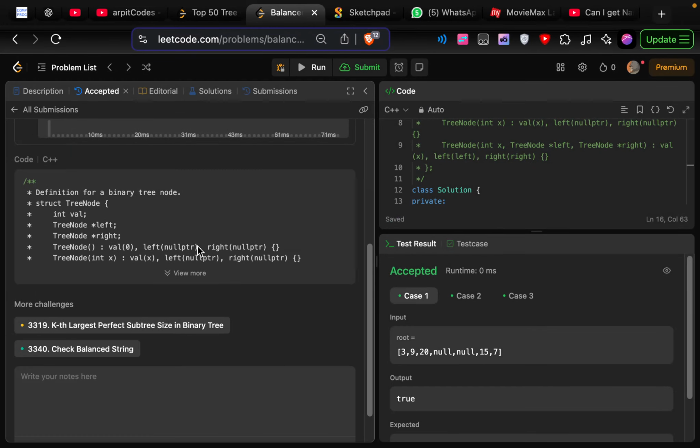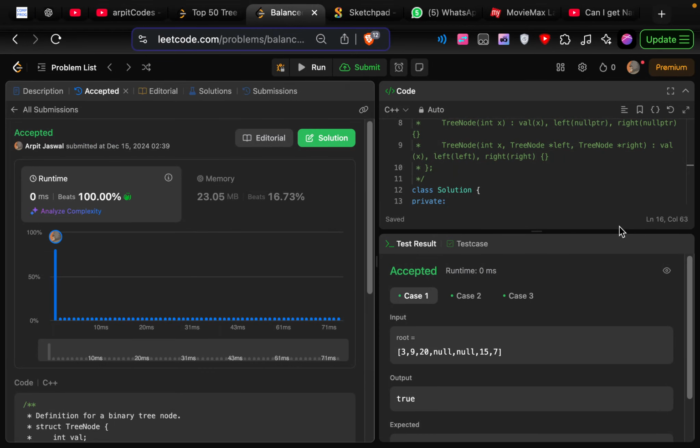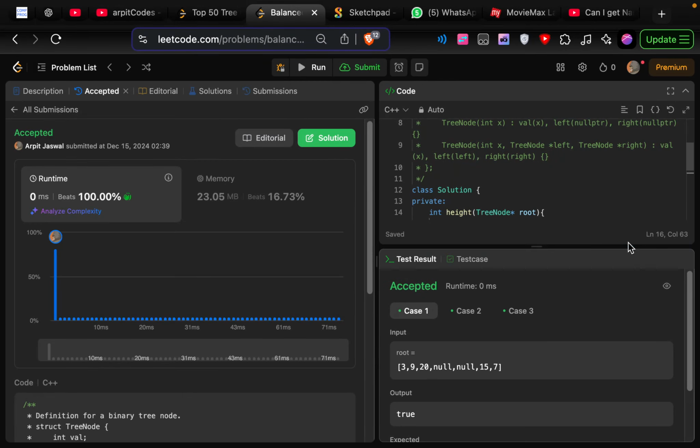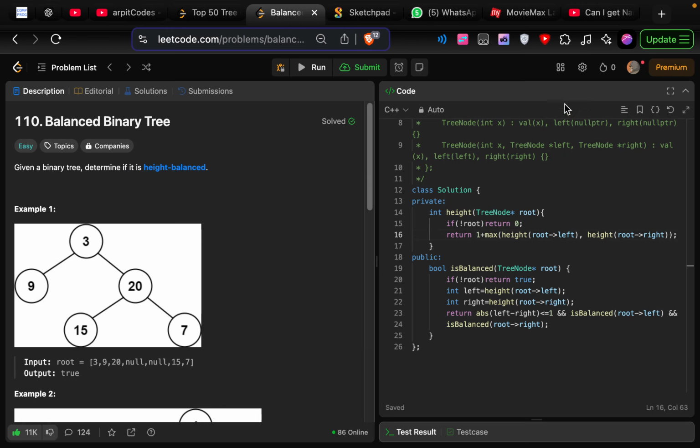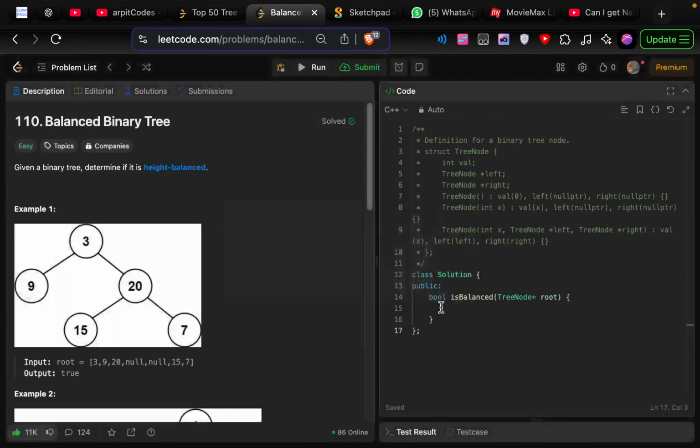So a better way is to keep a global variable such that you keep on finding the heights of each node, and in between you keep checking if the difference between the heights of the left and right subtrees at that particular node is less than or equal to one or not, and you just toggle that signal.